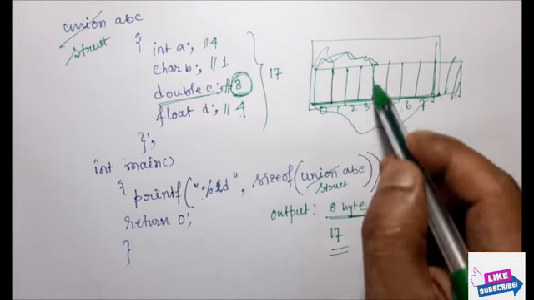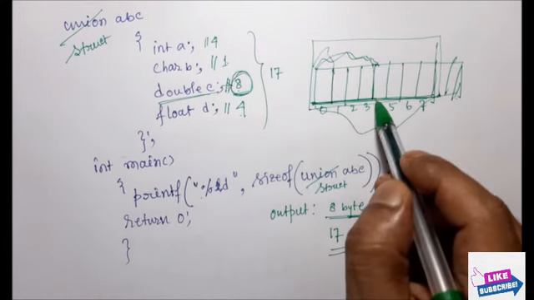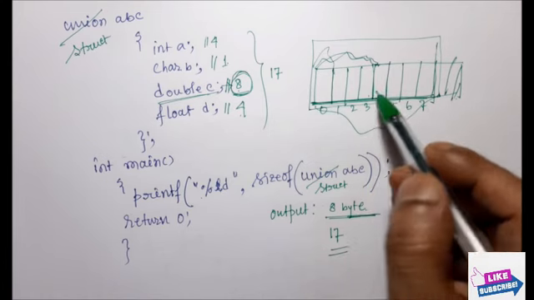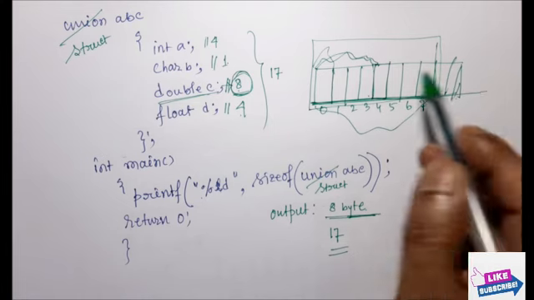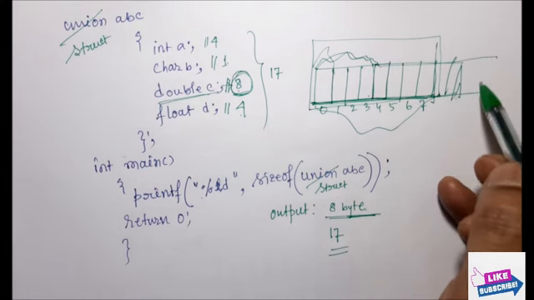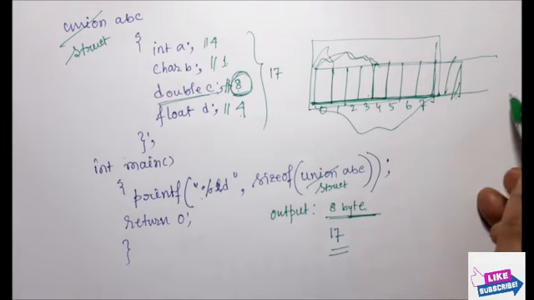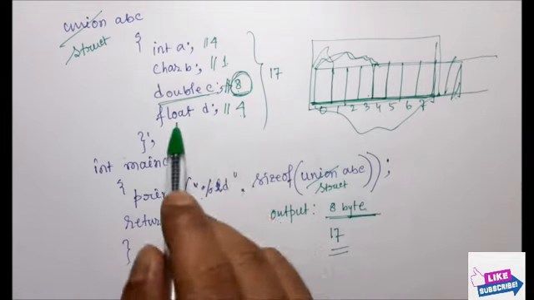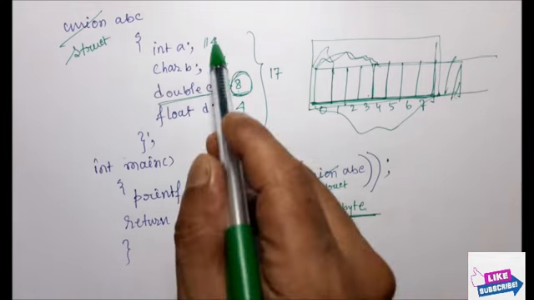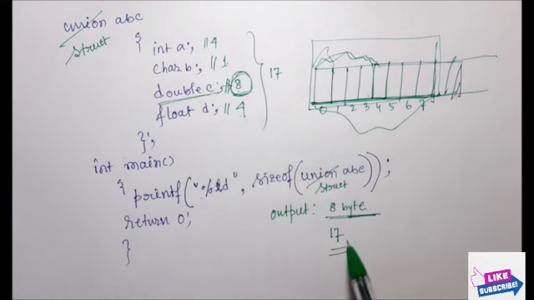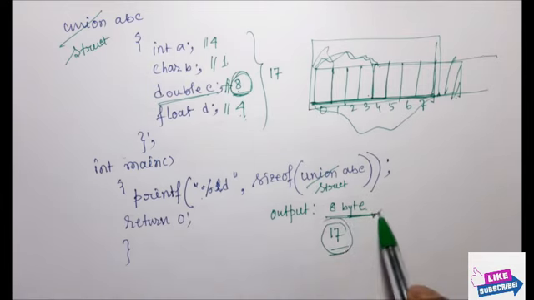The first 4 bytes will be occupied by integer A, the next 1 byte by char B, the next 8 bytes by double C, and the next 4 bytes by float D. So, the total size is 4 plus 1 is 5, plus 8 is 13, plus 4 is 17. That is why I will get the output 17 in case of structure, but in case of union I will get 8 bytes.